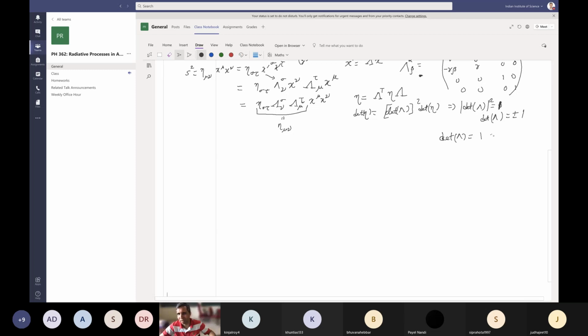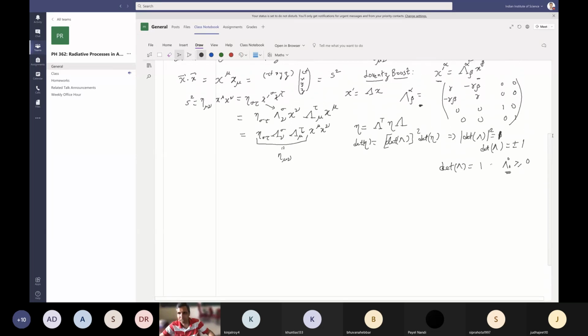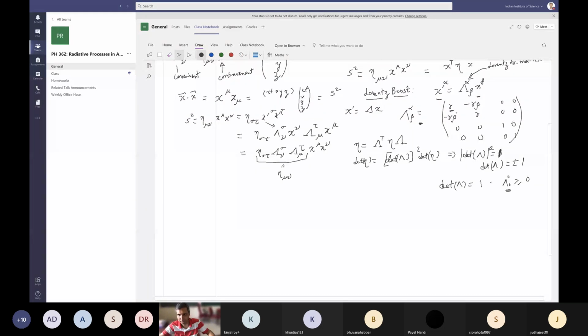But at least the classical physics is the same, even if there is reflection symmetry. We just consider this for simplicity, and similarly we assume that lambda 0,0 is greater than or equal to 0. We take the positive value of this component. This is a convention. Okay, good.